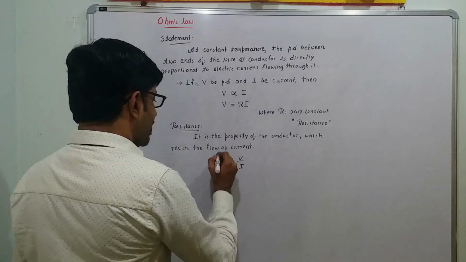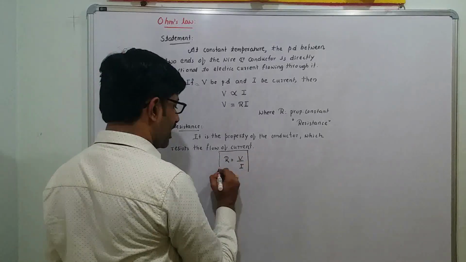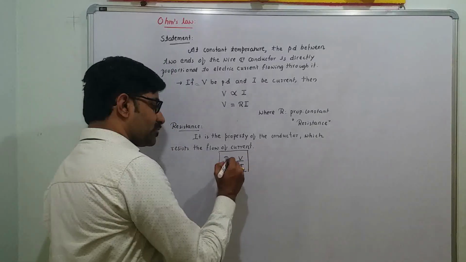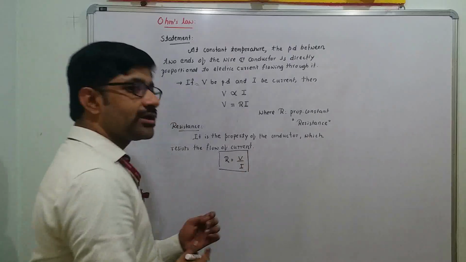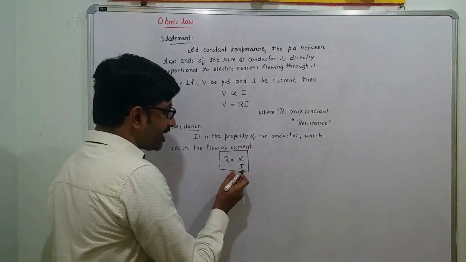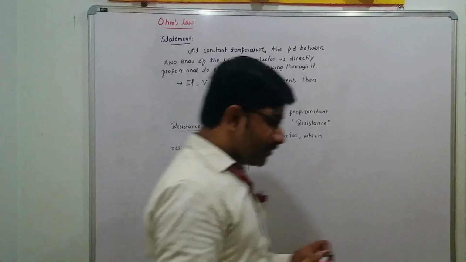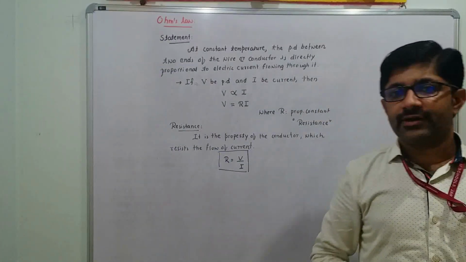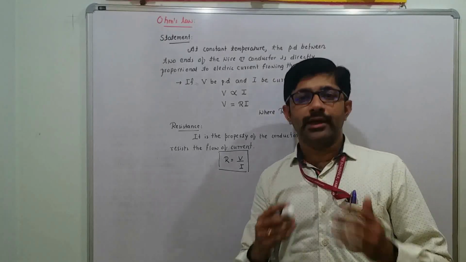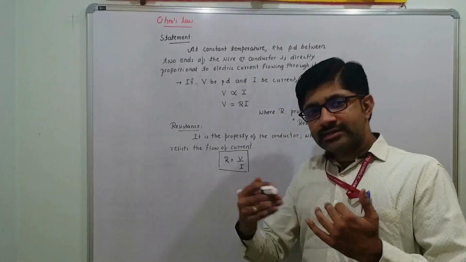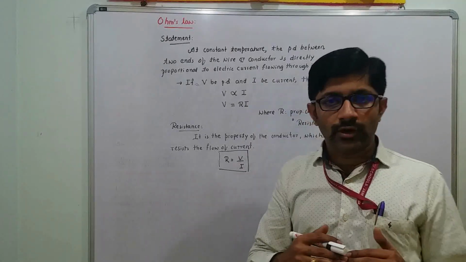So this is the direct indication that resistance varies directly with voltage and varies inversely with current. Which means if you increase the potential difference, resistance is going to increase. If you decrease the voltage, resistance is going to decrease.